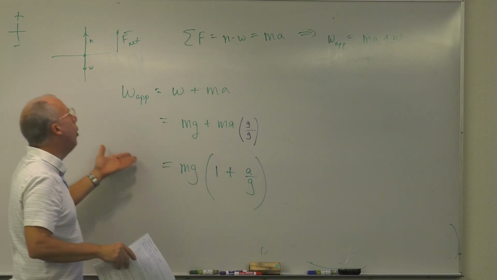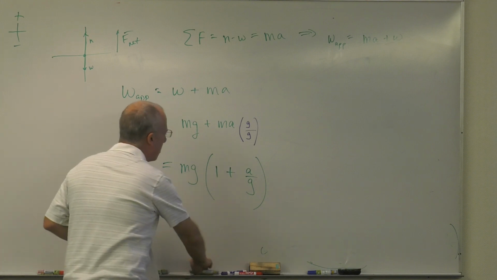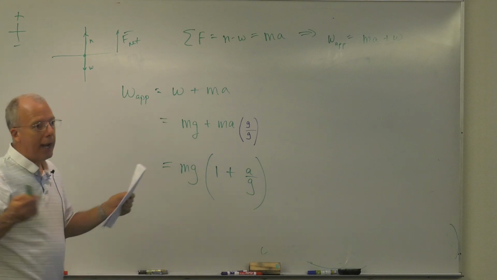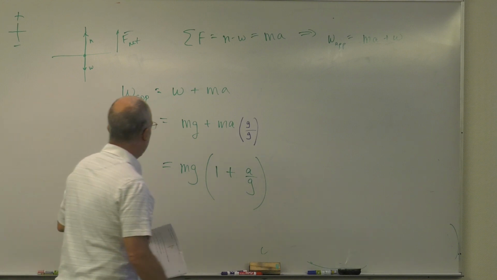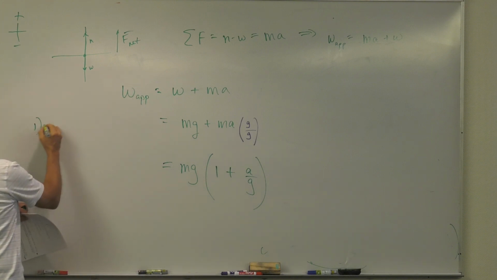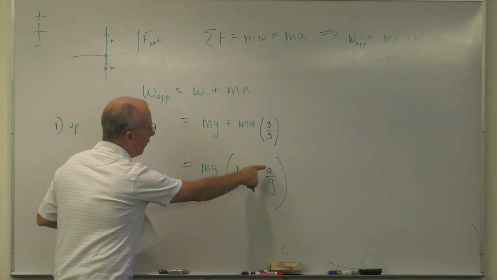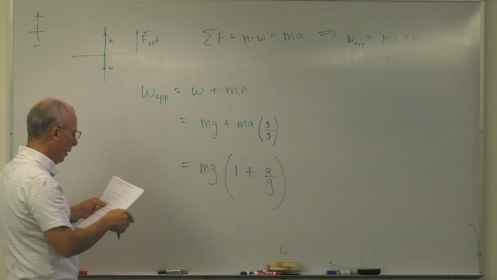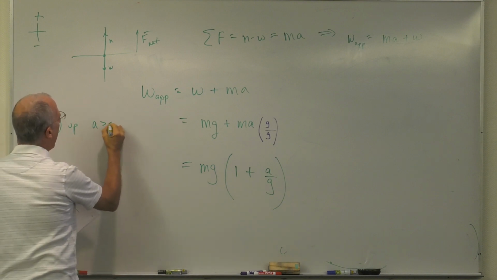Now, why is this cool? Why do I have to do all this baloney? Because it's nice, you'll see. Let's check it. Let's say that we're accelerating up. If we're accelerating up, what is the sign of a? It's positive.